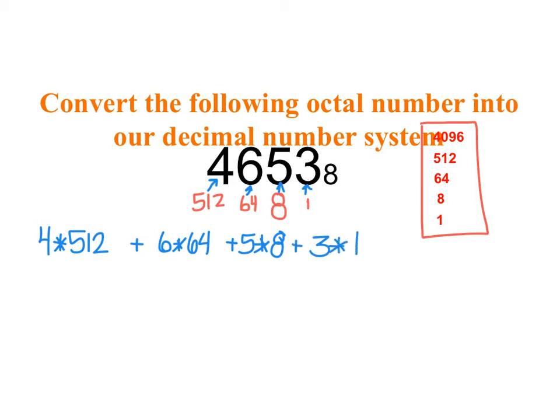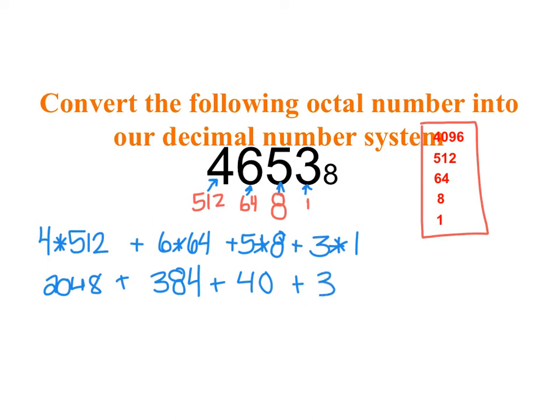So what I'm going to need to do is figure out the value that each slot is really representing. So 4 times 512 gives me 2048. 6 times 64 gives me 384. 5 times 8 gives me 40, and 3 times 1 gives me 3.